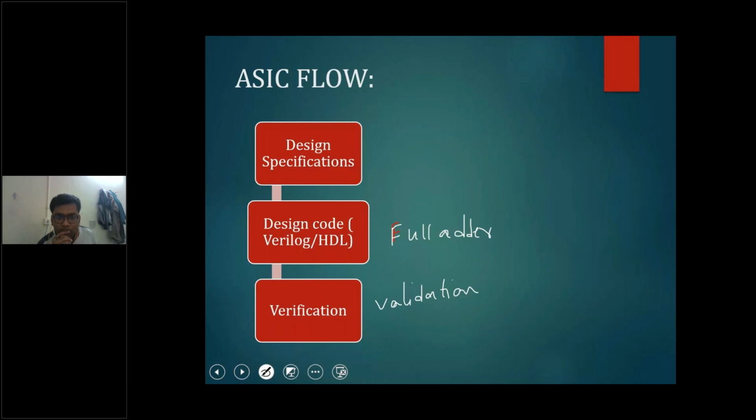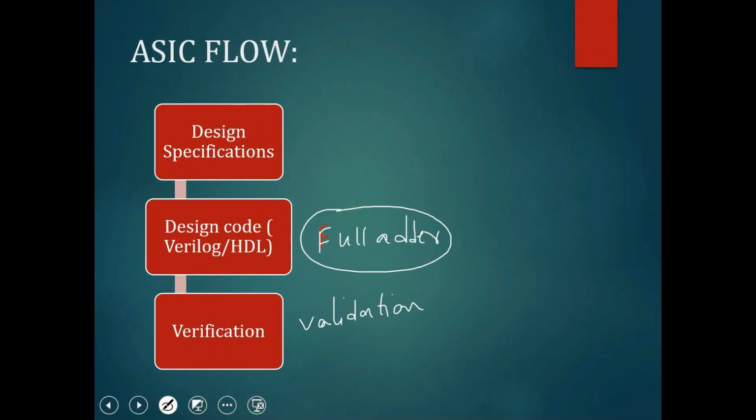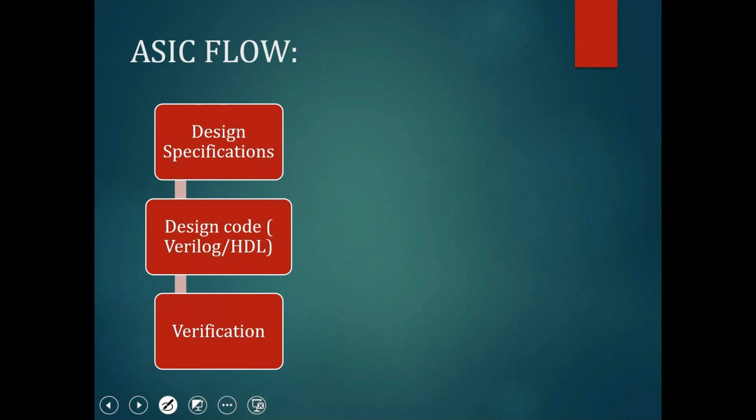The correctness of the chip will be checked by the verification engineers, which means whether the circuit is behaving as per the specification, which is a full adder. What if it is not behaving like a full adder? They will try to validate it using some test cases and understand that they are maintaining the same specification followed by the previous team.